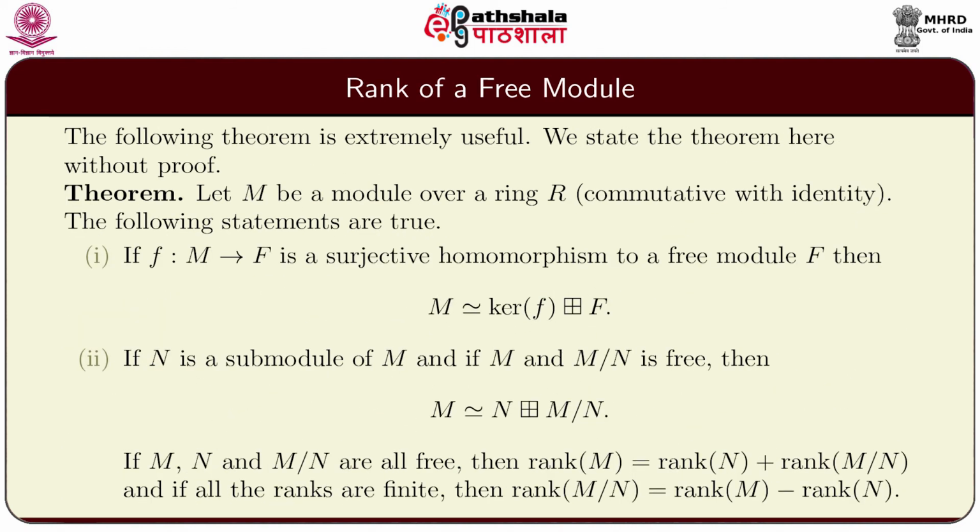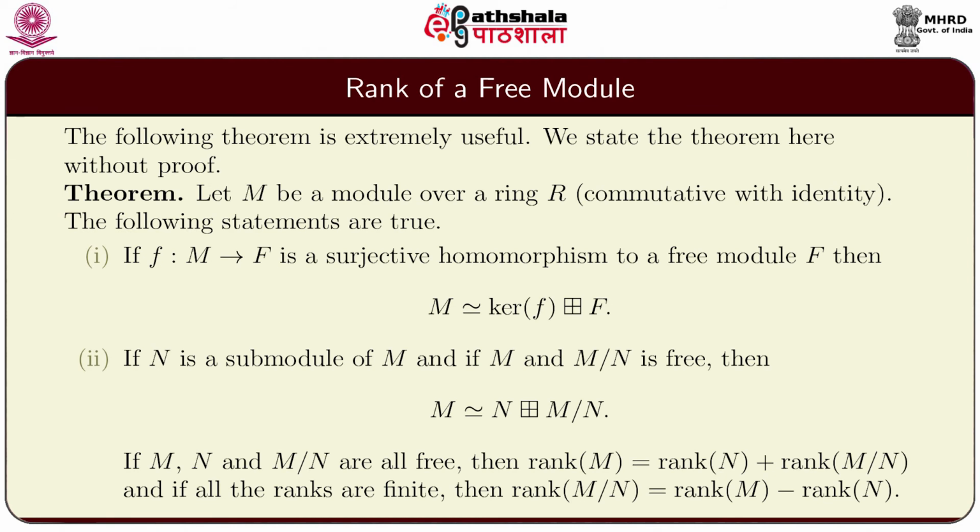Let us state a theorem which is extremely useful, and the proof is not difficult at all. The theorem says, let M be a module over a ring R which is commutative with identity, then the following statements are true. 1.